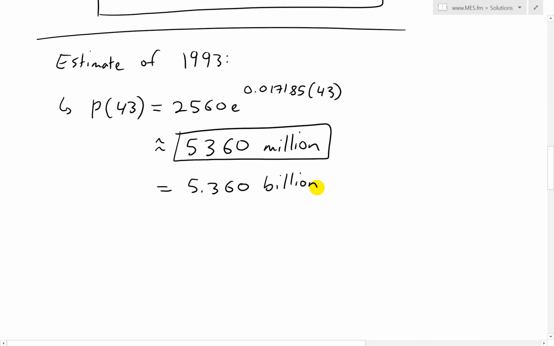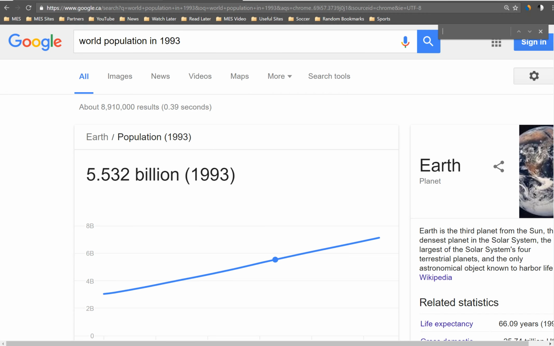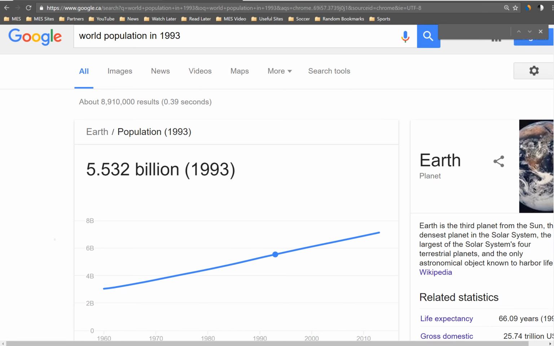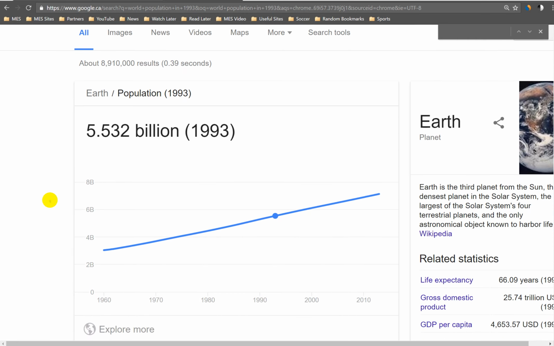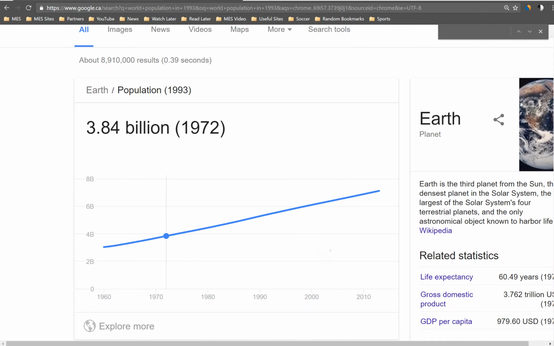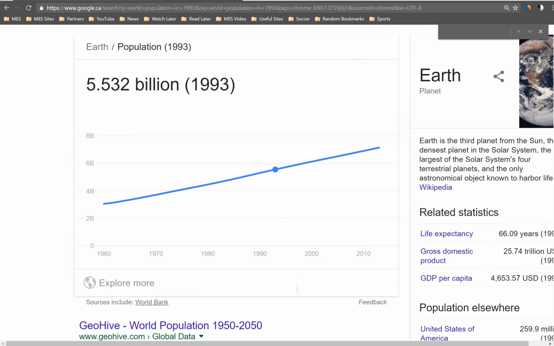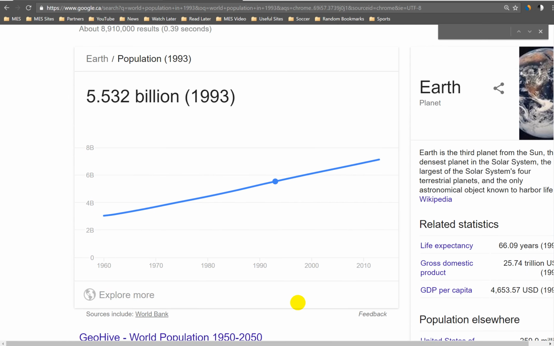But now let's see, what is the exact figure? Here on Google search, if you just search world population, you're going to get a graph. So let's go to 1993. The sources include the World Bank and others, so we'll just assume this is right. So 5.532 billion is the actual world population in 1993. We'll write that down.